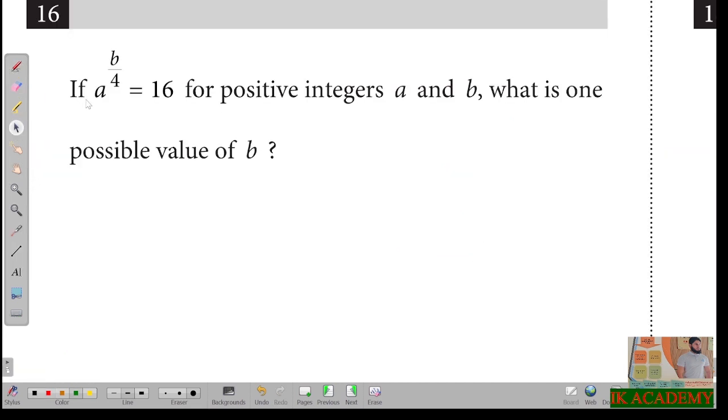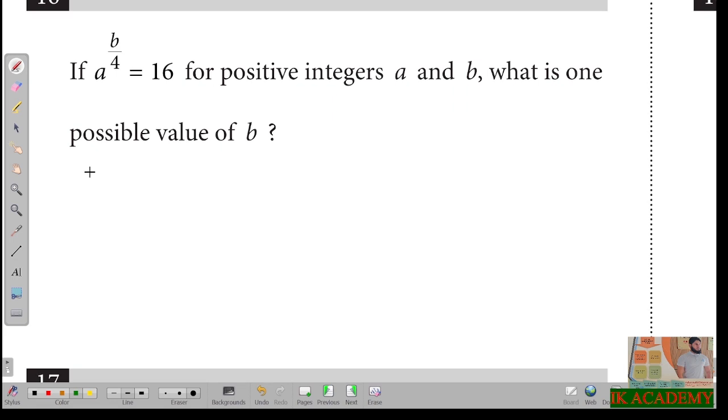Next question is, if A power B by 4 is equal to 16 for positive integers A and B, what is one possible value of B? So there are several possible values of B. We can find one of the possible values. If we compare the left side with the right hand side, A power B by 4 is equal to 16.